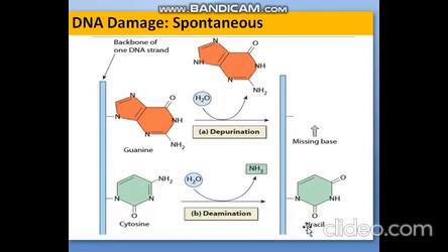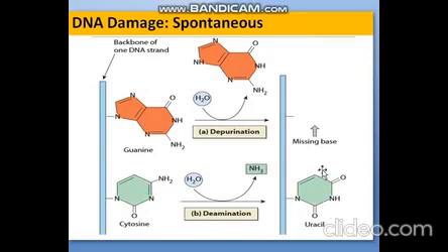And whenever there is a deamination, the cytosine will be converted into uracil, because the only difference between cytosine and uracil is this amine group. When this amine group is removed from the cytosine, it will be converted into uracil. So that's why DNA has more chances of these types of mutations.